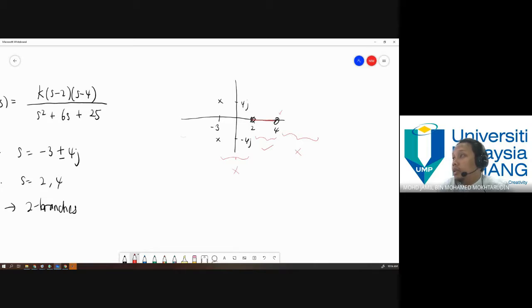And lastly, in this section, minus 3 and above, we have 2 poles and 2 zeros, meaning that we don't have any root locus on this section until negative infinity. So our root locus only exists on the real axis at this section, okay, the red line here. So if you roughly sketch the root locus, it should have this kind of shape.